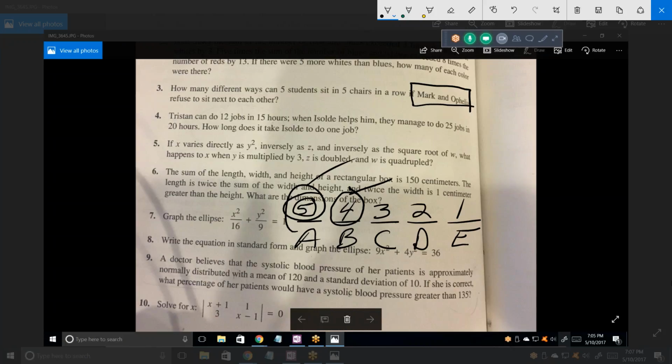Let's talk about that for a second. Because if we can figure out how many ways that would happen, what is this? That's 20 times 6. That's 120 ways that they'd be able to sit in 5 chairs without that restriction. Mm-hmm. Now, how do we talk about that restriction?